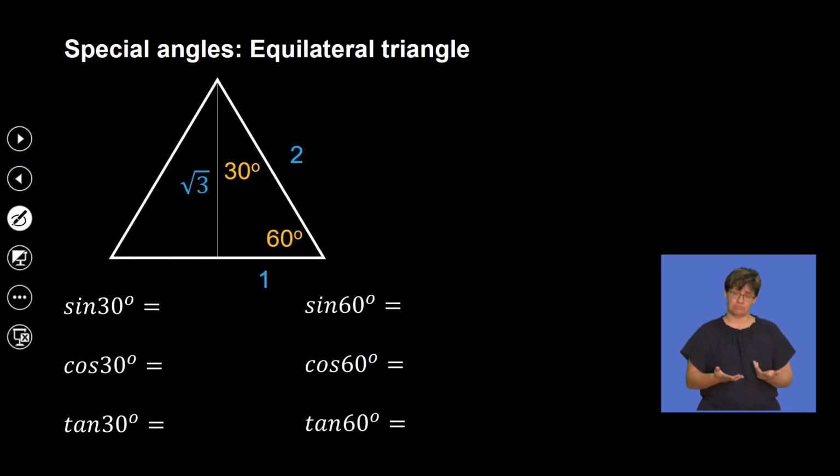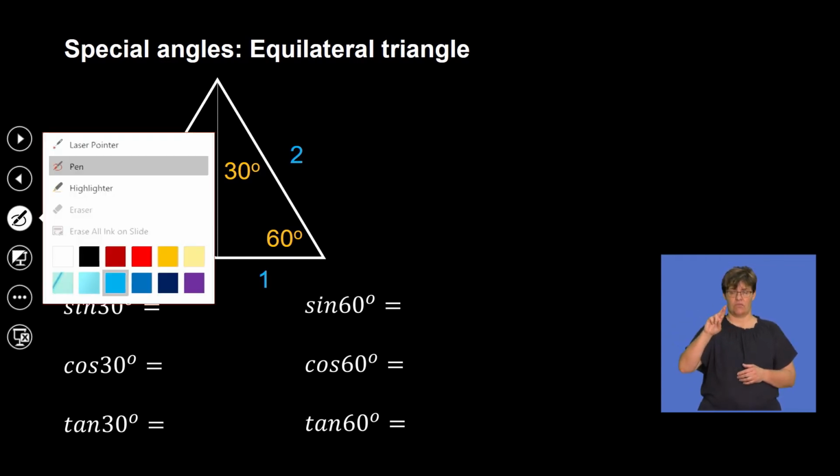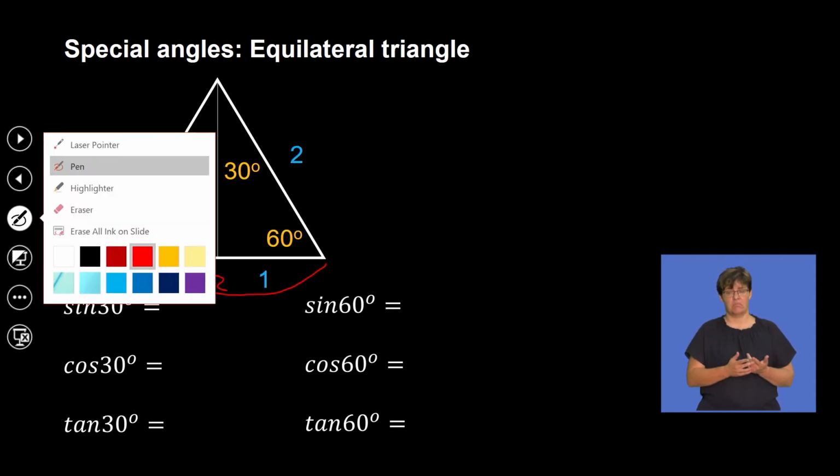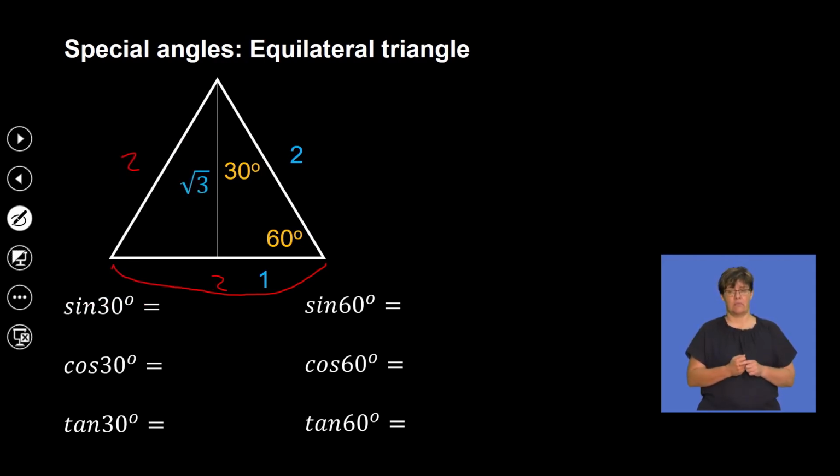Now, with an equilateral triangle, I'm saying this is an equilateral because, let me just use a different color, this is 2 there, and also this whole side is given as 2. If we were to drop a perpendicular bisector of the third side there, so this will be perpendicular, it will then bisect these 2 sides and make it 1 and 1.